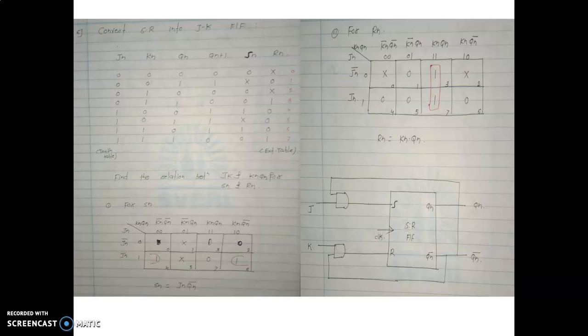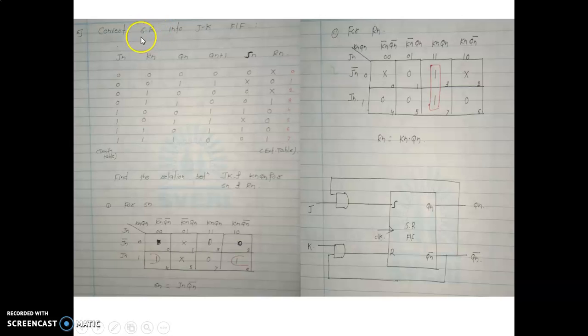So instead of the excitation table we can consider the truth table of the required flip-flop. Our required flip-flop is JK flip-flop, and we know its truth table. Here we consider the total truth table of JK flip-flop, that is J, K, Qn and Qn plus 1.